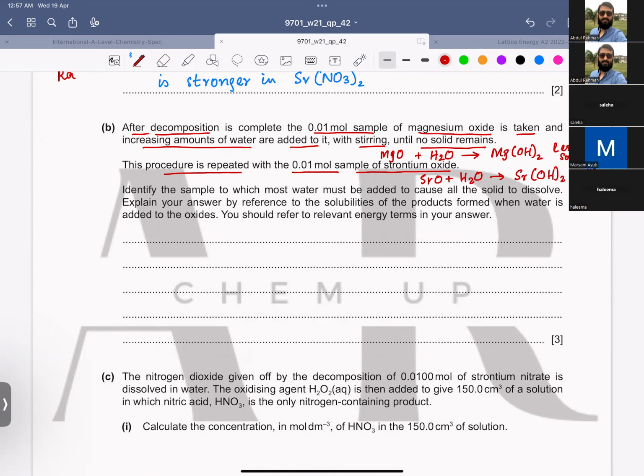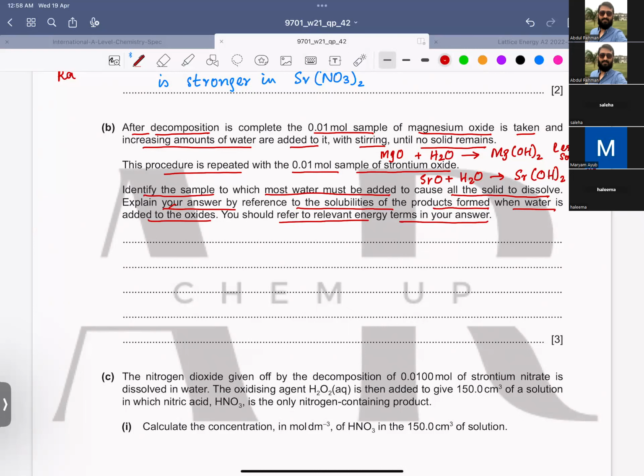Is this understandable to everyone? Now, identify the sample to which the most water must be added to cause all the solid to dissolve. Who can answer this? Explain your answer by reference to the solubility of the hydroxide formed when water is added to the oxide. You should refer to the relevant energy terms in your answer.